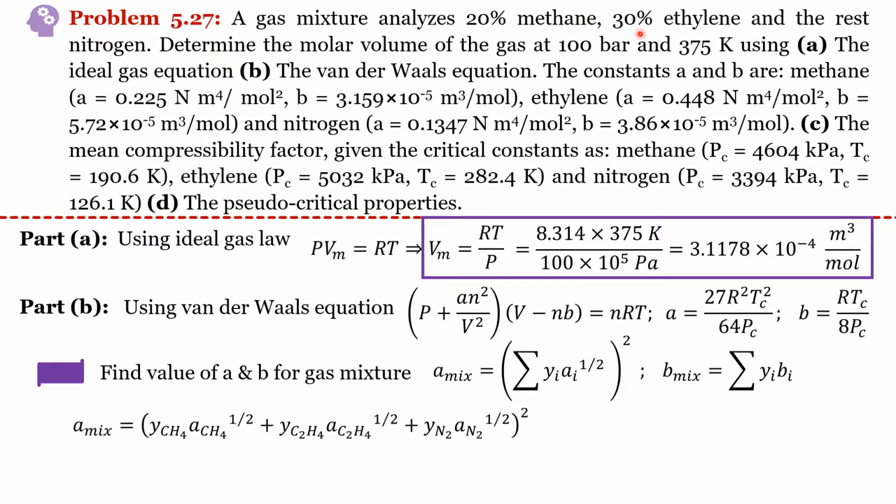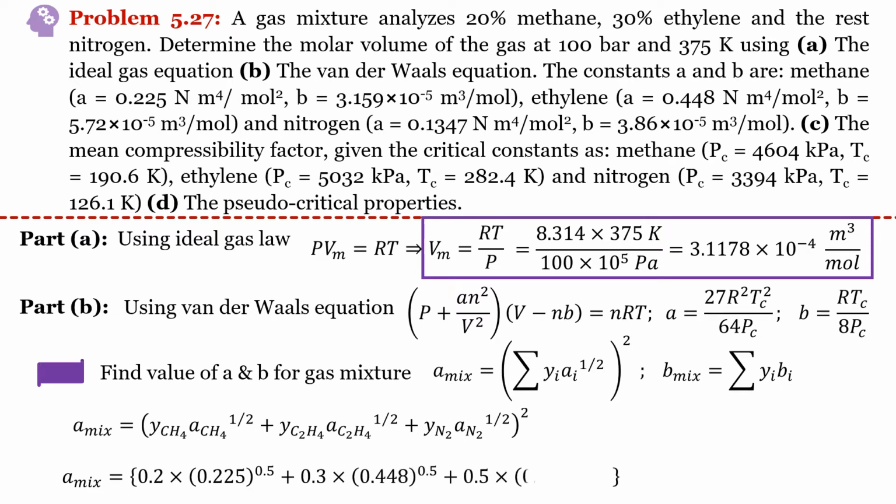Nitrogen will be 100 minus 20 minus 30, so it comes out to 50. The mole fraction of nitrogen will be 0.5, and the values of A for methane, ethylene and nitrogen are given in the problem.